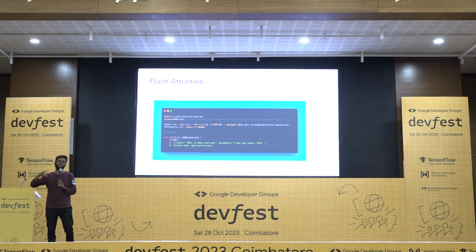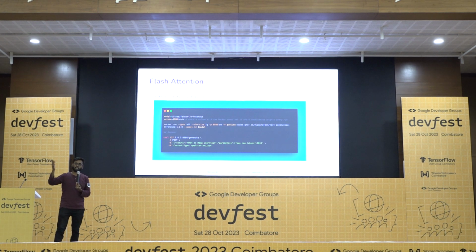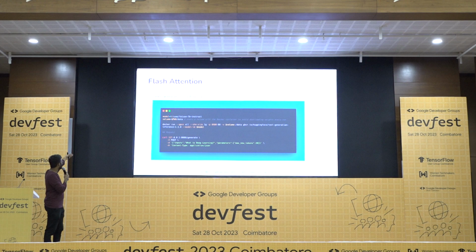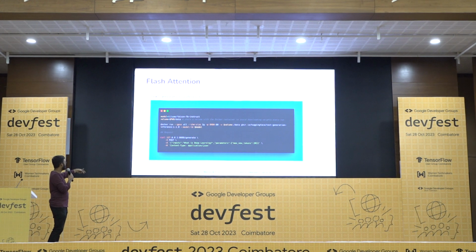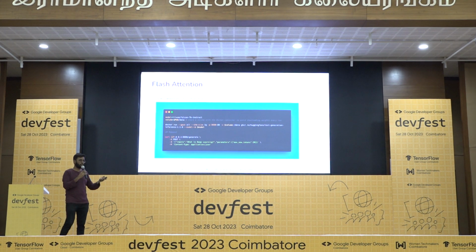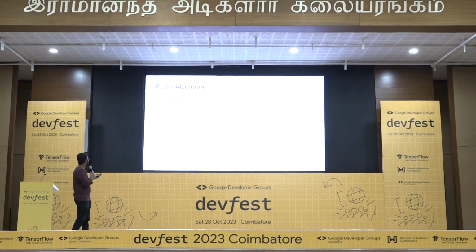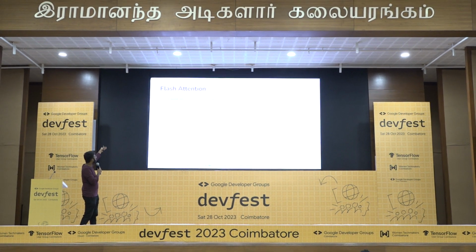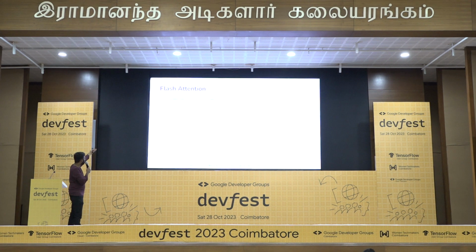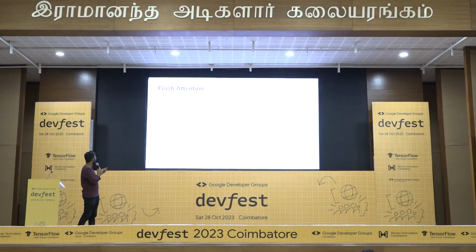It has most of the optimizations and goodies baked in, so it takes care of most things, including flash attention. If you want to enable flash attention in text generation inference, you can use this method. It already comes as part of the library. You can check whether your model supports flash attention by seeing whether your model has a flash prefix. If so, it will definitely support it.